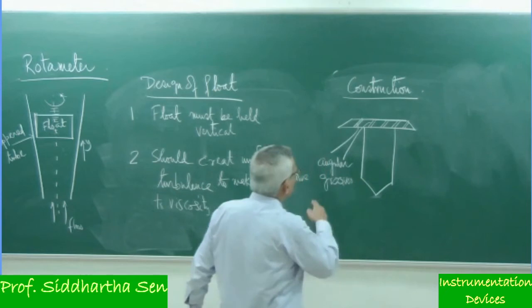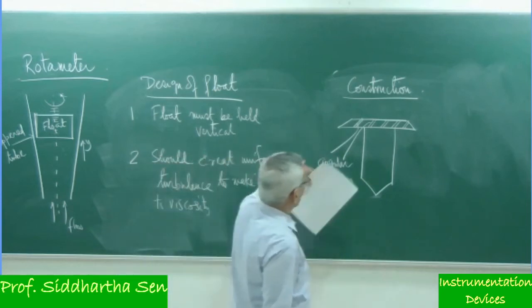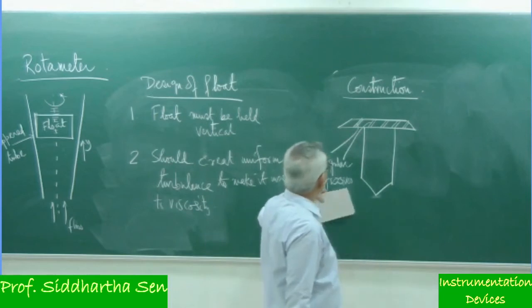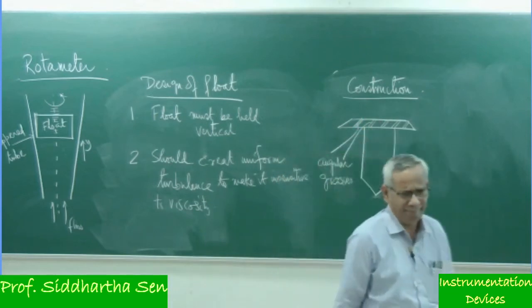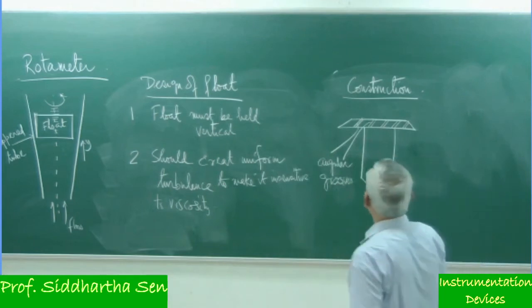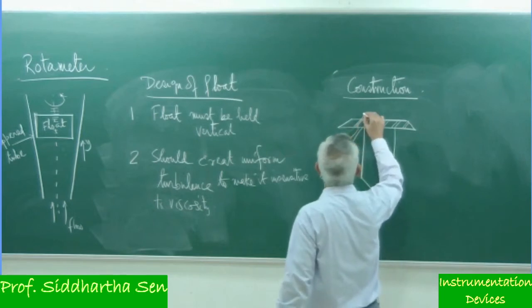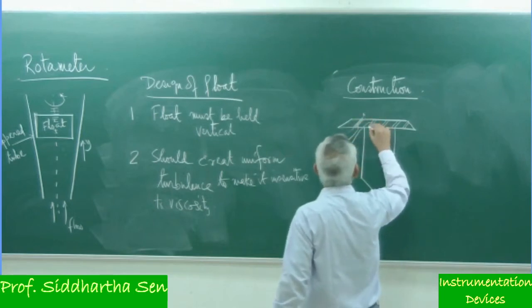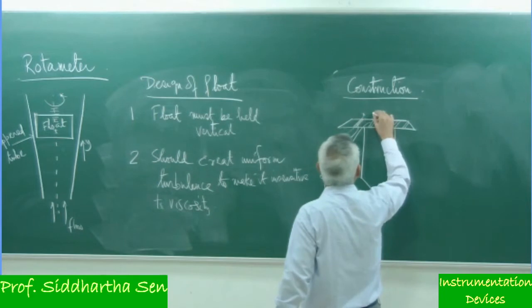That means some small channels are made in the float, and these are all angular in shape. So the liquid will pass through the small gap, the small channel.